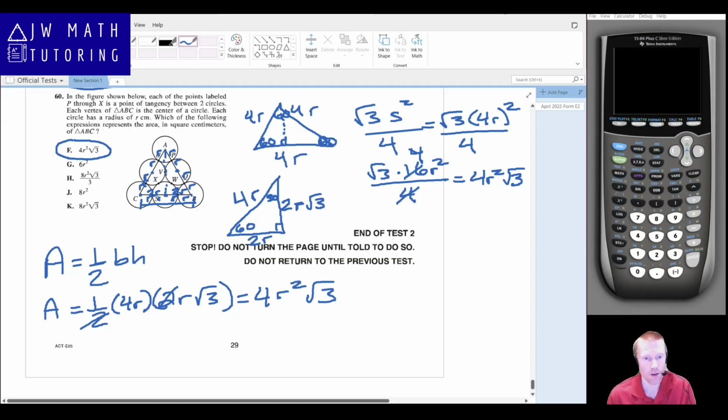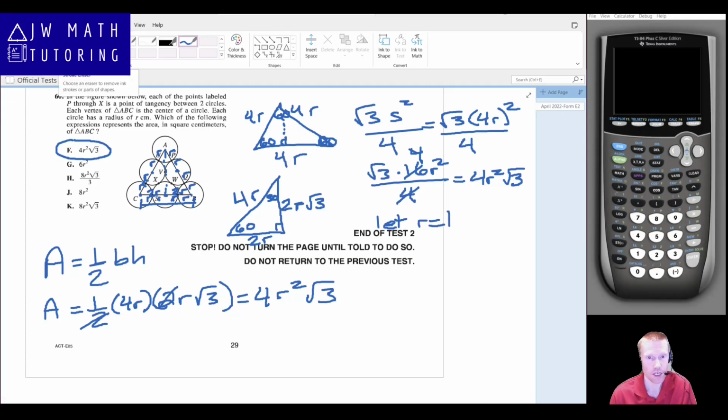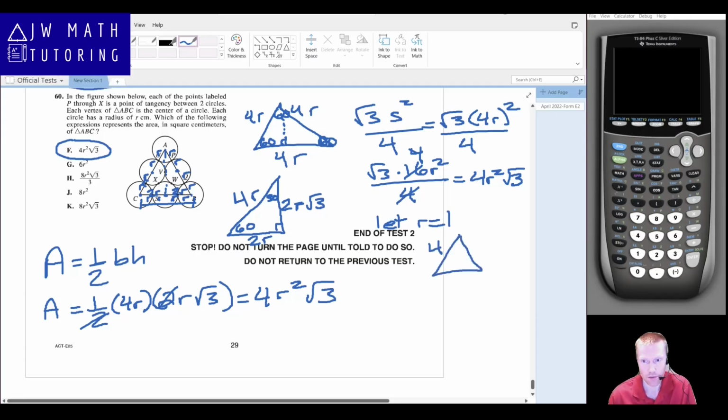One final way that you could get this that might be a little easier to follow is to use a strategy of picking numbers. So in other words, let r equal 1. Then what you really have is an equilateral triangle with sides of 4, 4, and 4.